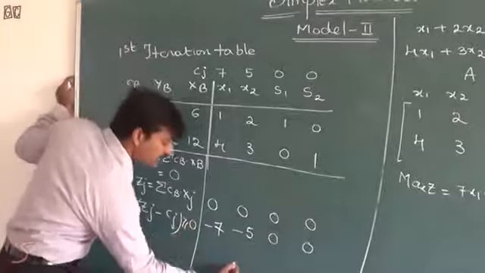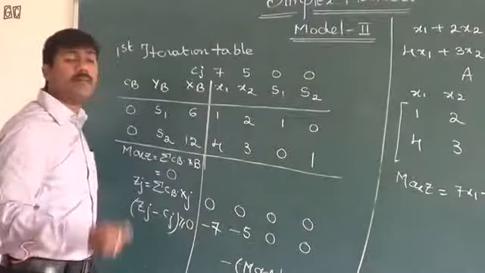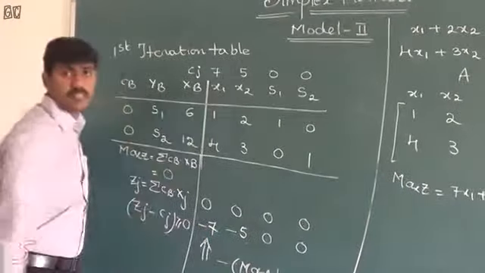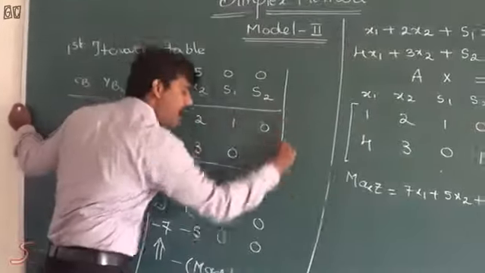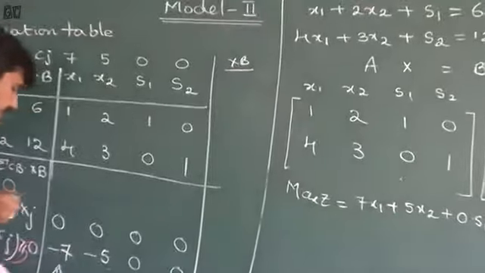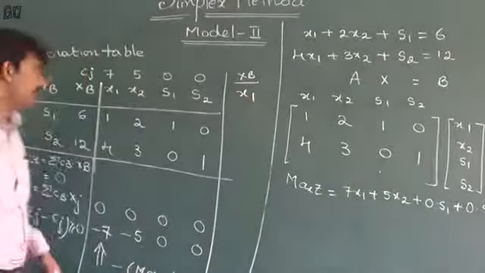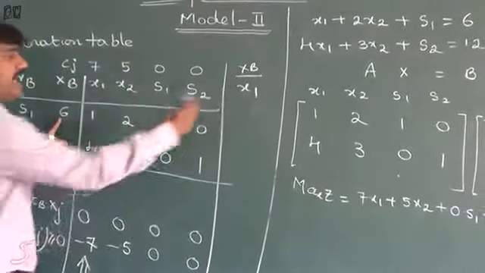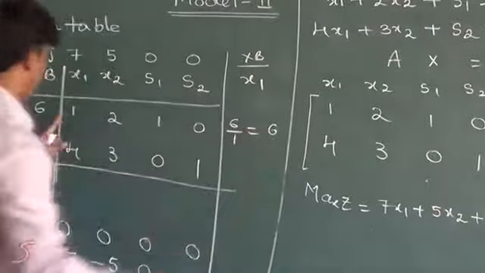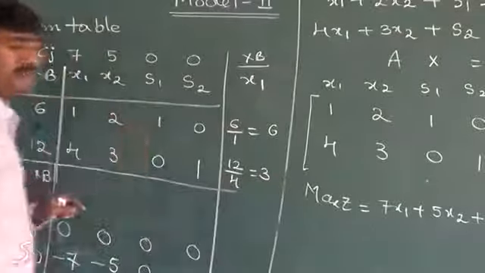So for that reason we have to take the minus of maximum. From minus 7 and minus 5, the minus of maximum is obviously minus 7 only. After this we have the minimum ratio rule. The formula is xb by xj, where xj represents x1 here. So xb by x1, that is 6 by 1, obviously 6, and one more, 12 by 4, that equals 3.